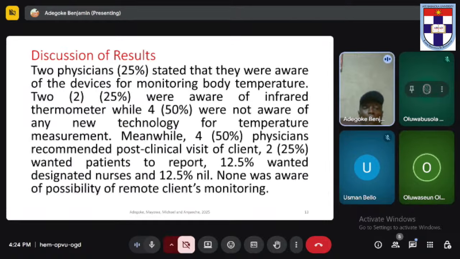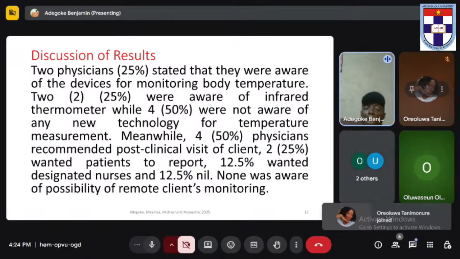Let me jump this because of my time. 25% of the clinicians stated that they were aware of the devices for monitoring body temperature. 25% were aware of infrared thermometer. 50% were aware of any new technology for temperature measurement.